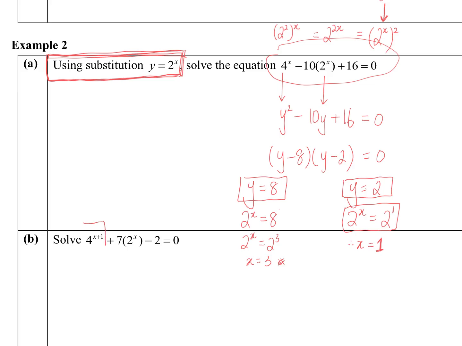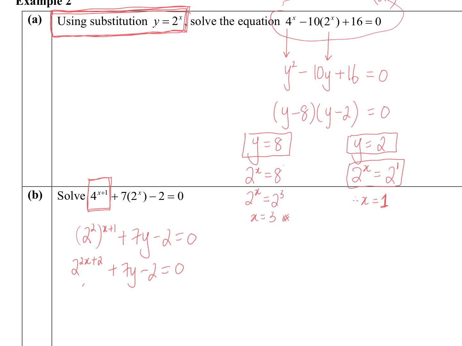Okay, so this one how to change? Remember 4 is 2 squared. So you end up having this. This one no problem, change to y. So what you need to do here is that this one here, you need to do a little bit of splitting. Okay, I will teach you how to do splitting so that everything becomes easier. So whenever you have this, you can split this into 2.